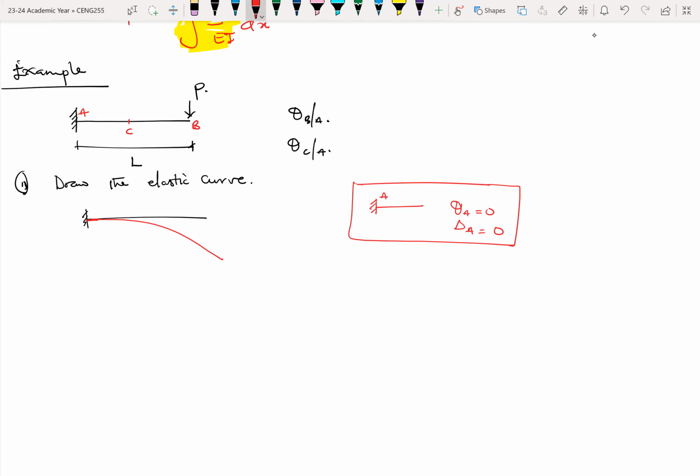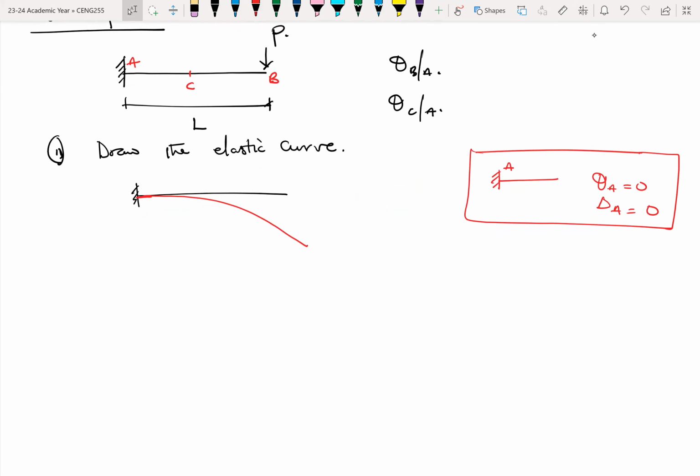So that's how come my curve has this bit of straight line towards the support, just to show that there's no rotation at that point. Let's take a note of that.